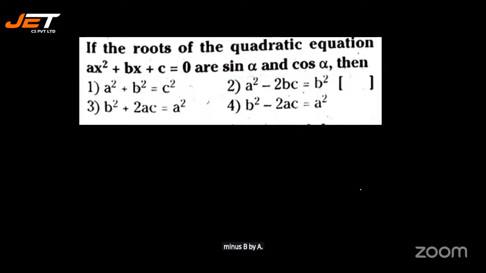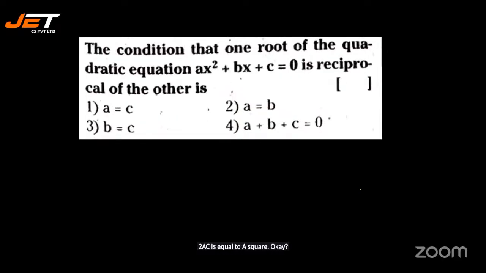Sine alpha cos alpha is c by a. Okay. So with that, you can find out the answers. Yes, your time is running. Let's see the answer. It is b square minus 2ac is equal to a square. Okay. Right. Now see the next question.